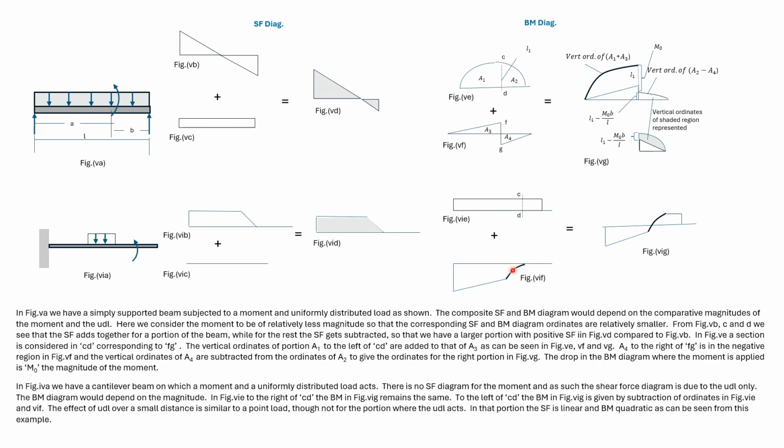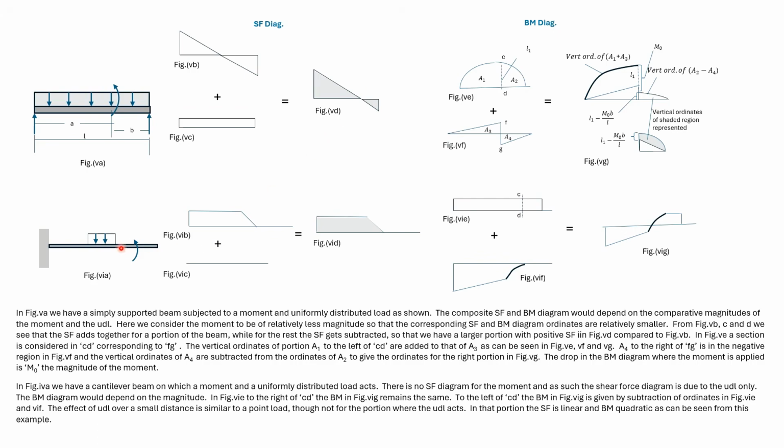This is the bending moment diagram for the UDL. Develop the composite bending moment diagram. We take a section CD and the portion left of CD is subtracted.